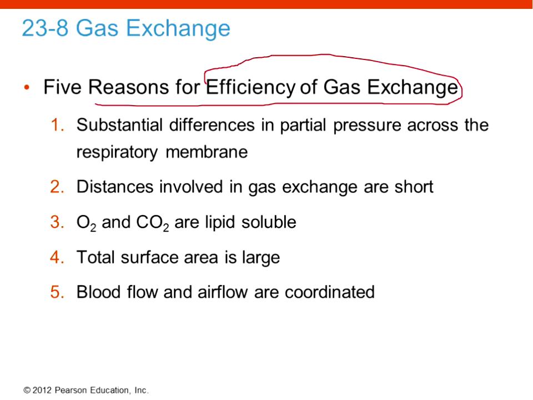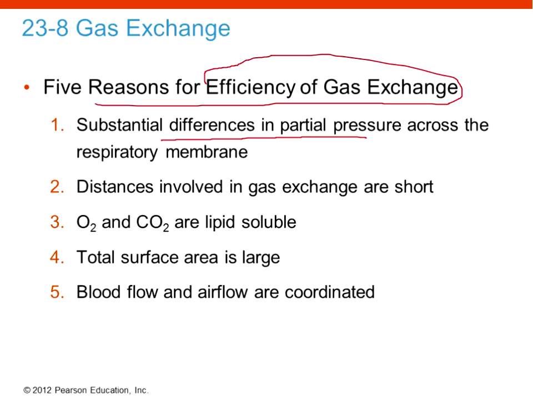And so there are 5 reasons that gas exchange is very efficient, right? First of all is the difference of the partial pressure across that membrane. It's kind of like when we talked about the movement of ions in the nervous system. When you have a depolarization occurring, you have all these sodium ions outside and they're prevented from entering. But if you open those pathways, what's going to happen to those sodium ions? They're going to rush into the cell, right?